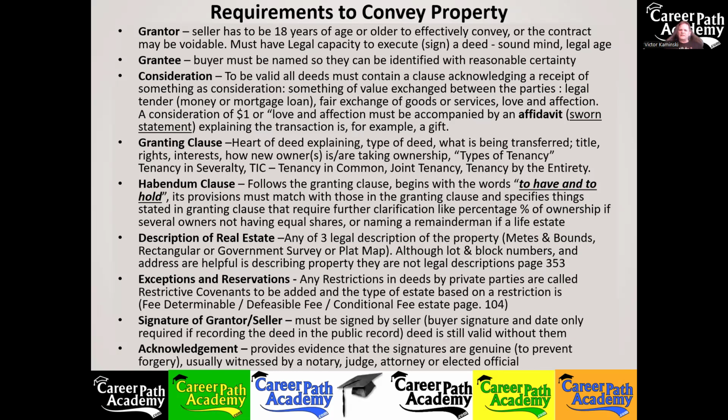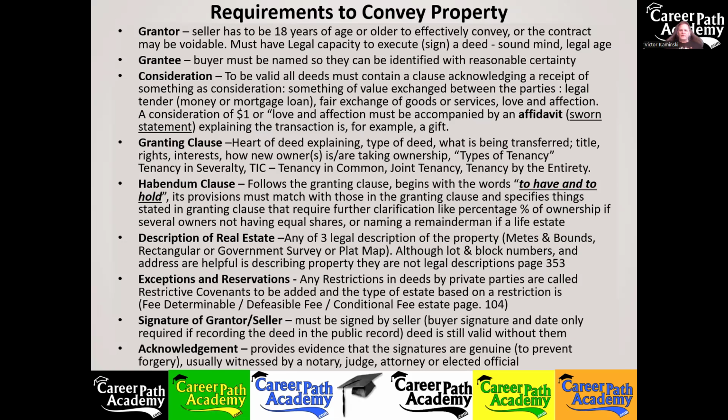They have to be at least 18 years of age or older in order to effectively convey, or the contract may be voidable. You have to have legal capacity to execute or sign a deed. You have to be of sound mind and legal age, unless you're a married minor, for exam purposes only.